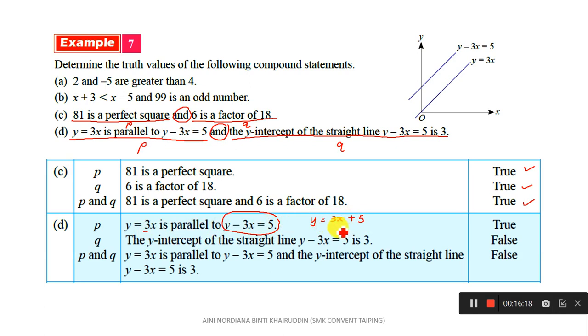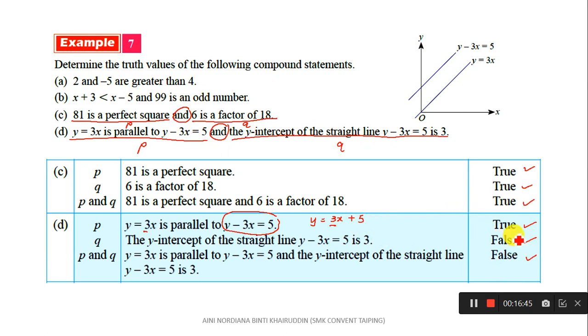So the gradient is equal, so this is a true statement. For the second statement, the y-intercept of the straight line y minus 3x equals 5 is 3. This is false because the y-intercept is actually 5. So it becomes a false statement.